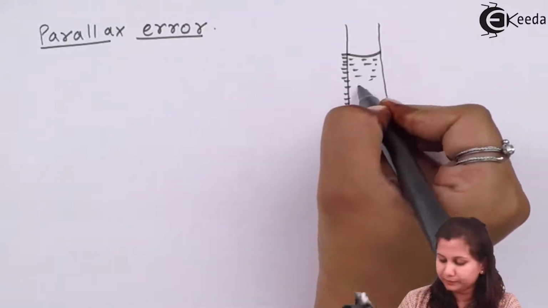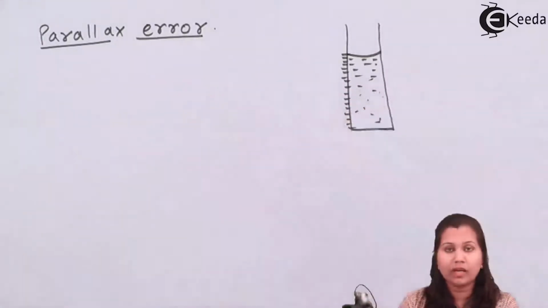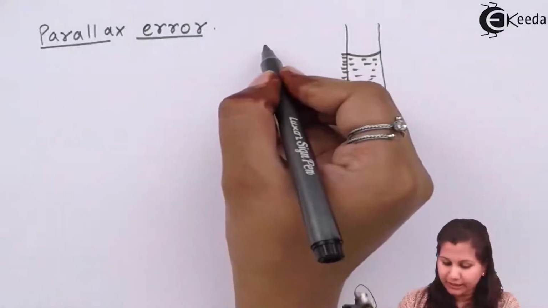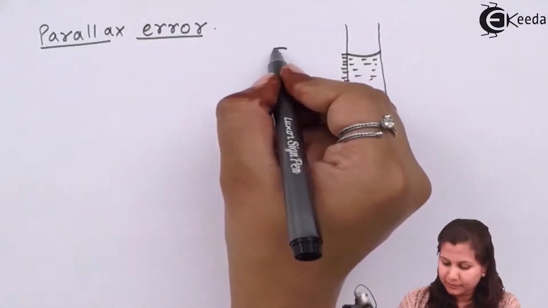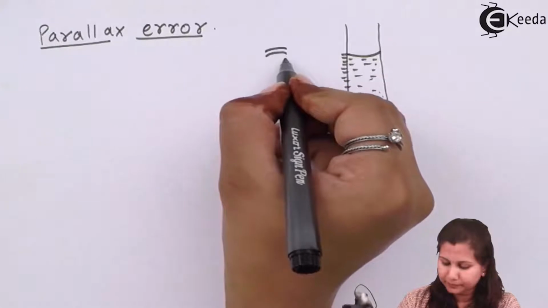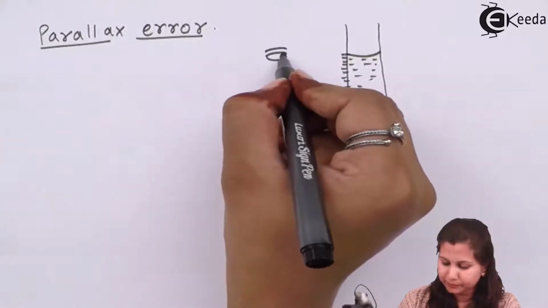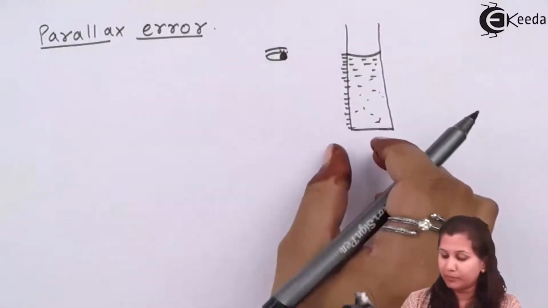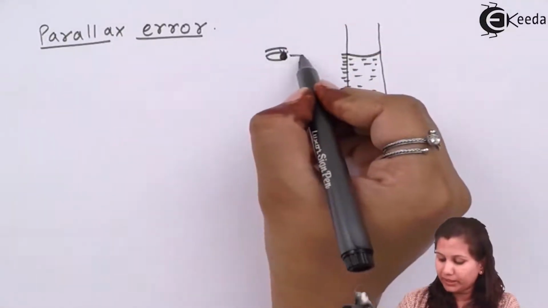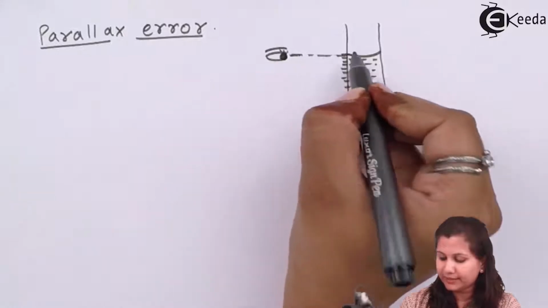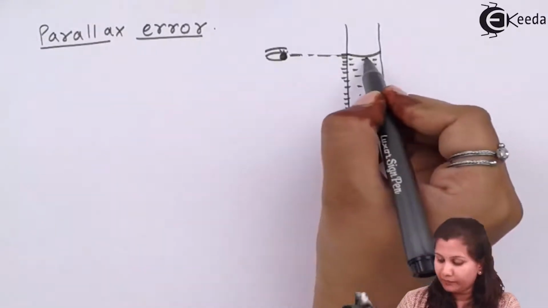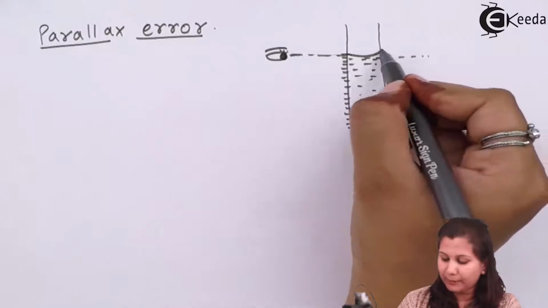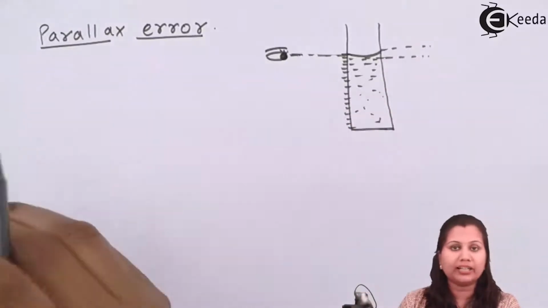Now when the observer is reading from this glass tube, he can read the actual level. We have a lower meniscus and an upper meniscus, so there are different levels.